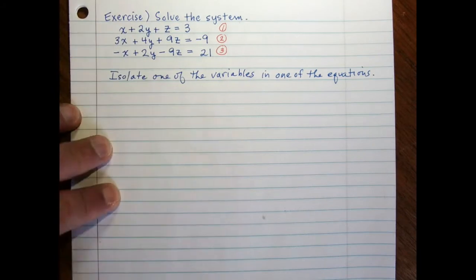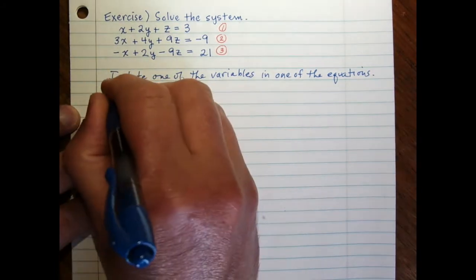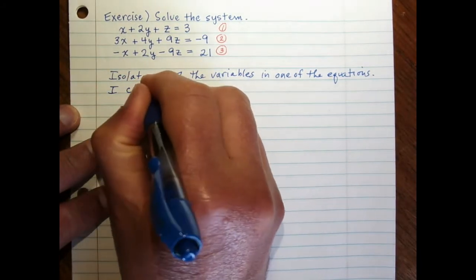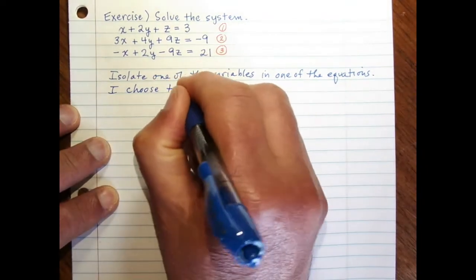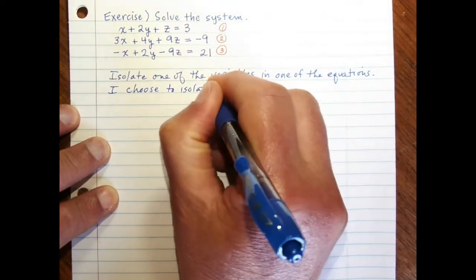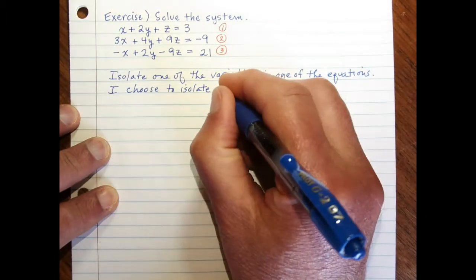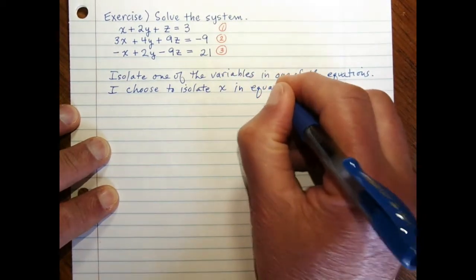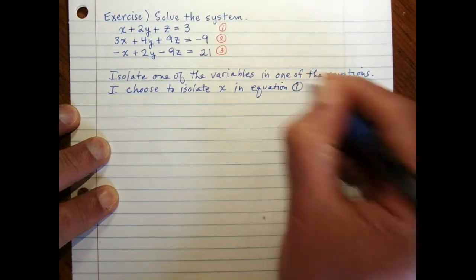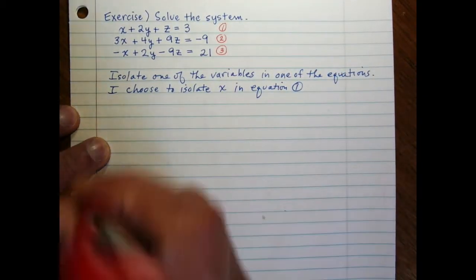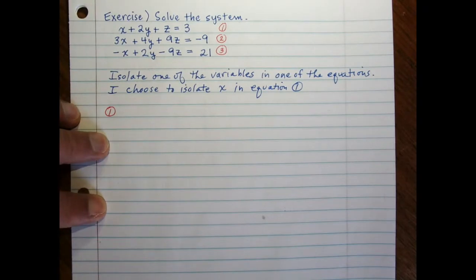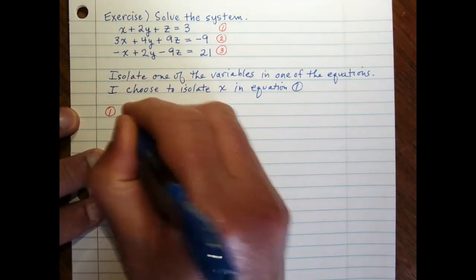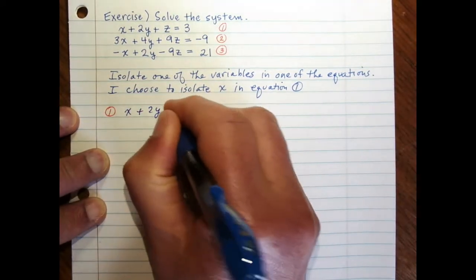I choose to isolate that x in equation number 1. So I'm going to recopy equation 1 here. It's because it's really easy to isolate that x.